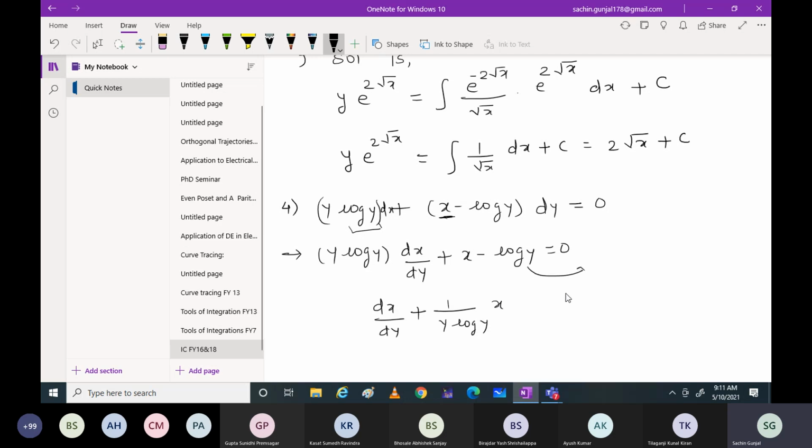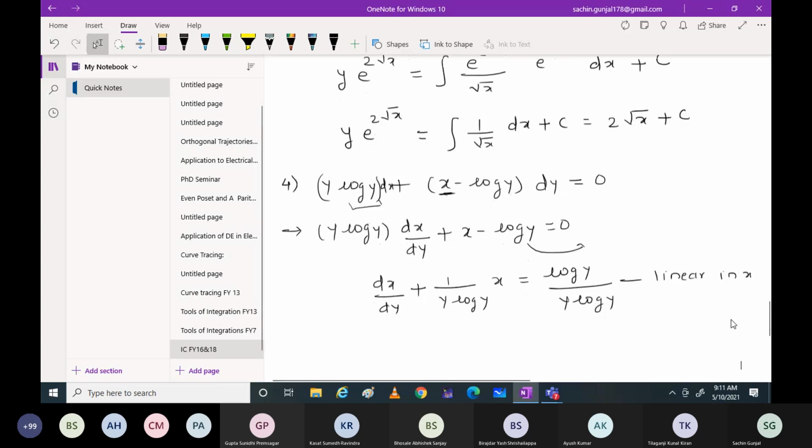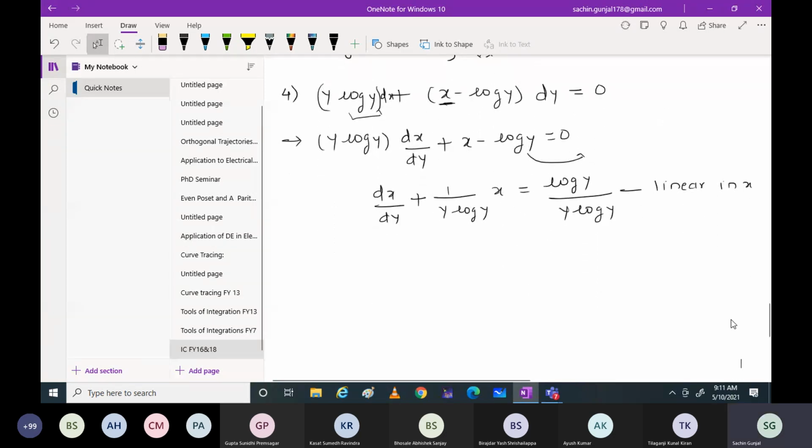Then you can take this log y to that side. You will get log y upon y log y. Okay, now you can write this as linear in x. I think you can finish this.